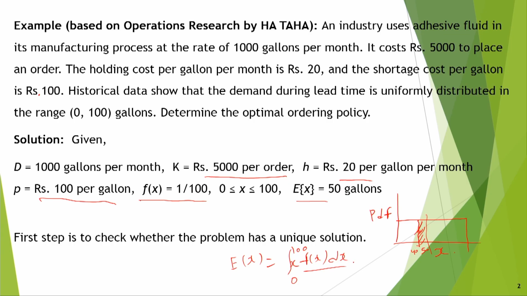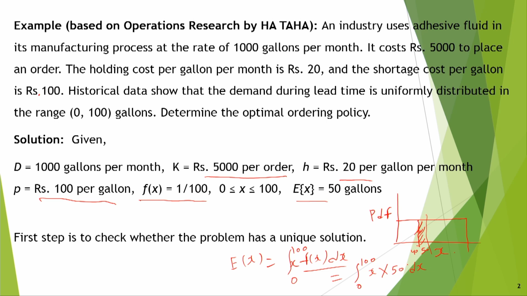So f(x) dx is a small probability, multiplied by the quantity at x. If you multiply that, it will come out to be 50.